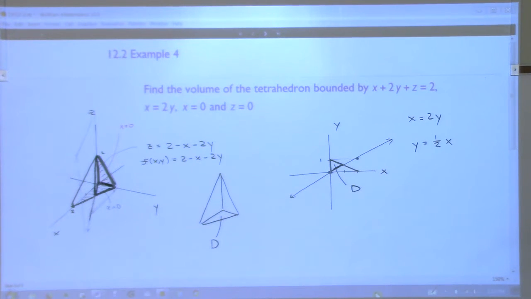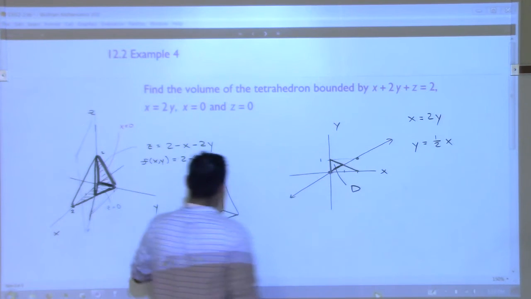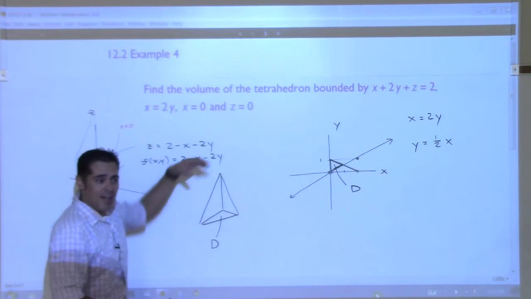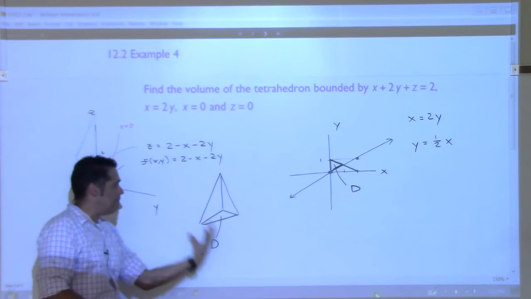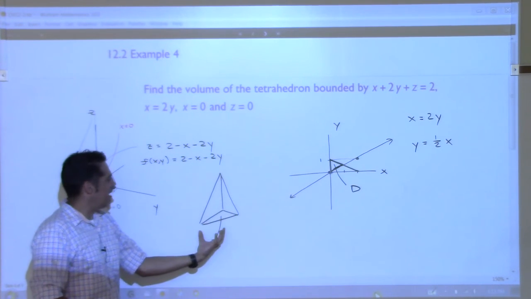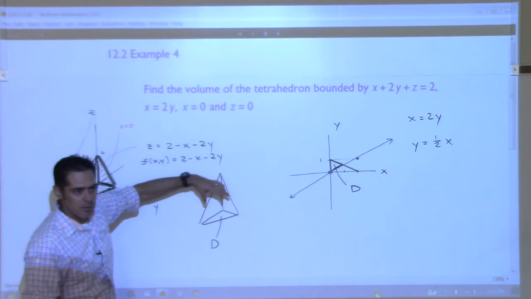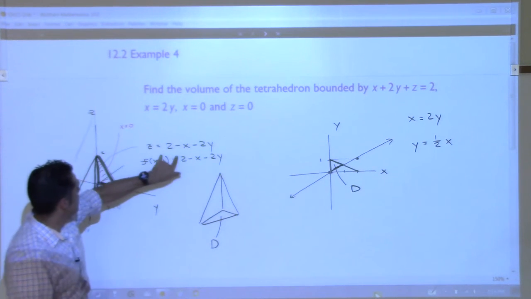Okay. Let's see. So our D is that bottom part. Now, if we're going to do a double integral, what I need is a top surface and a bottom surface to be able to find the volume. I need a top surface and a bottom. So what can I use for my top surface? This thing right here, right?